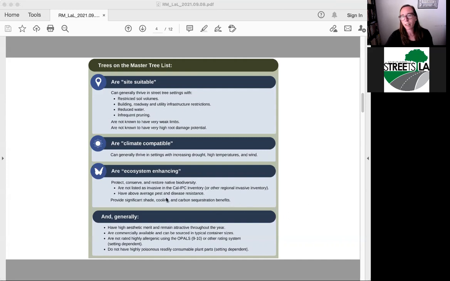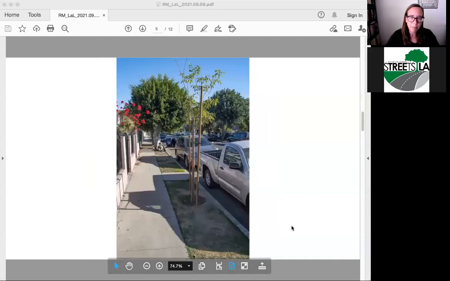And as a general rule of thumb, we're looking at ones that are going to be attractive year-round, ones that are commercially available at nurseries that we'll be able to purchase in the size that we use for the public right-of-way, are not highly allergenic, and do not have highly poisonous, readily consumable plant parts or thorns. That's another one that we're adding to the criteria here. And in my review with Urban Forestry Division, they reminded me that we like to avoid plants that have thorns in the public right-of-way, just for safety.